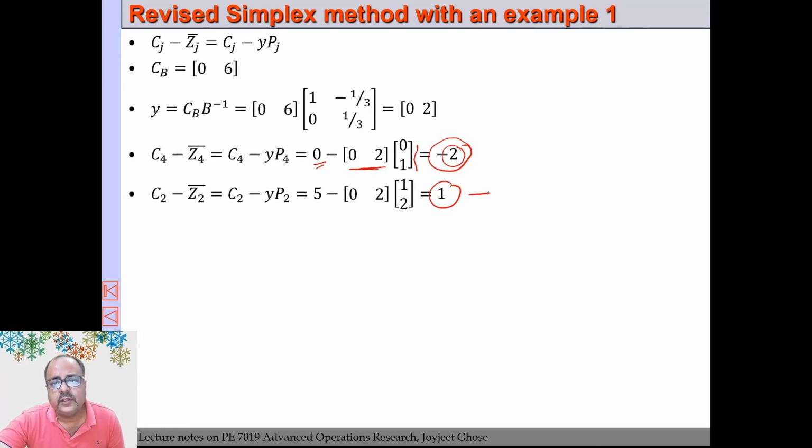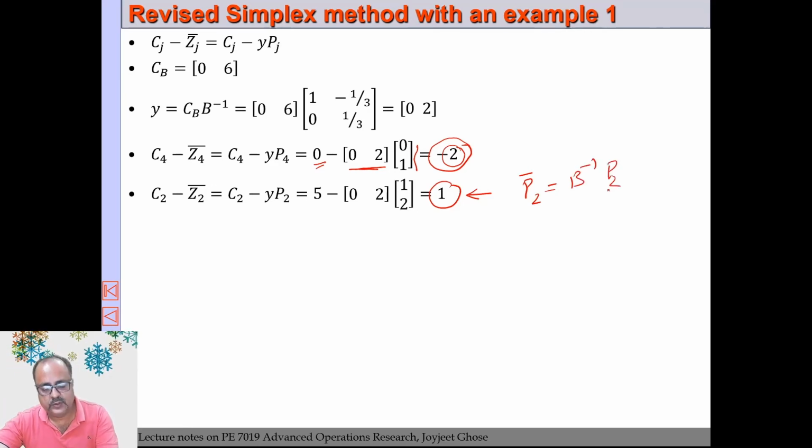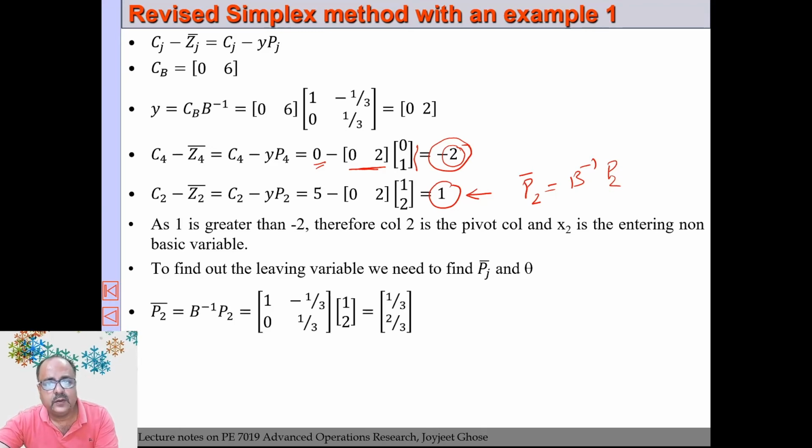And therefore this will be the entering variable, and for finding out the exiting variable I have to find out P2 bar. P2 bar is equal to B inverse P2. So B inverse P2 is this.